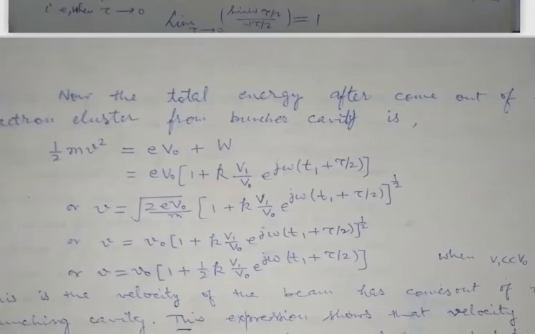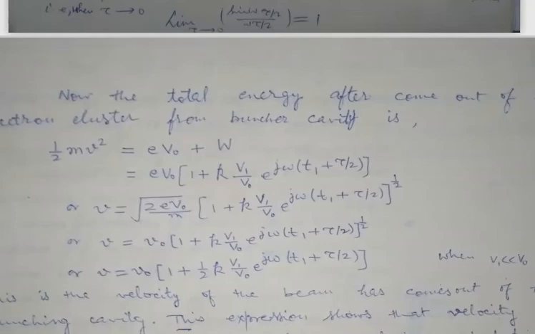So after substituting the value of W from equation second, the kinetic energy after the electron beam comes out from the Buncher cavity is given by half m v square equal to e V0 into 1 plus k V1 over V0 e raised to the power j omega into t1 plus tau by 2, or velocity v can be expressed as under root twice e V0 over m into 1 plus k V1 over V0 e raised to the power j omega into t1 plus tau by 2.